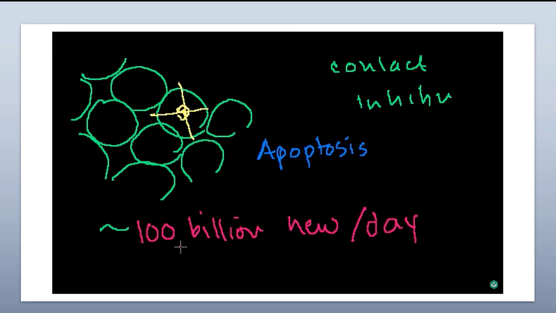So even if a mutation only occurs 1 in a million times, you're still dealing with roughly 100,000 mutations. And maybe most of the mutations are just some little random things that don't really do a lot. But if the mutations are a little bit more severe, the cell will recognize it and destroy itself.